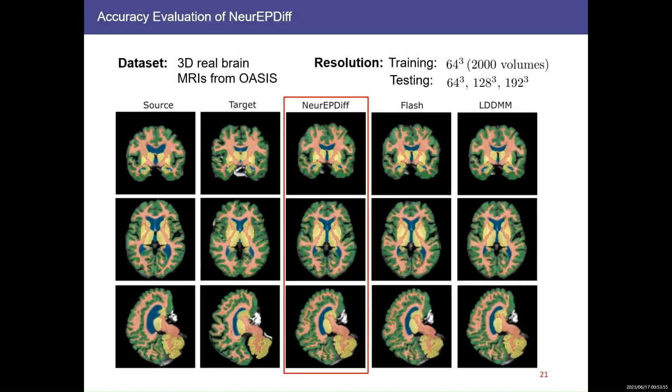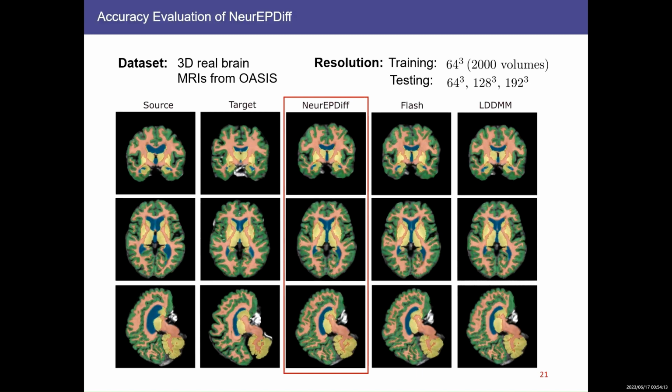We also do experiments on 3D real brain MRIs from OASIS. We train 3D NeurEPDiff on lower resolution of 64 cube with 2,000 volumes of training data. Then we test the model on various higher resolutions.